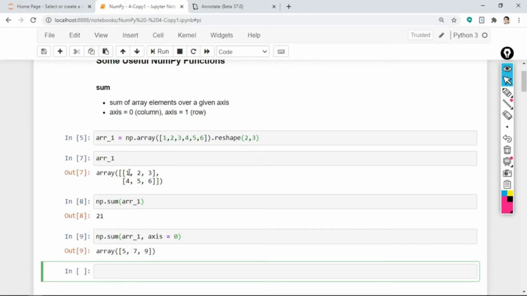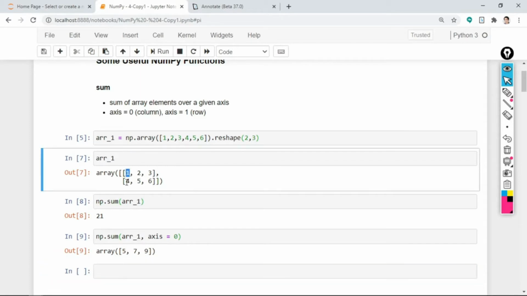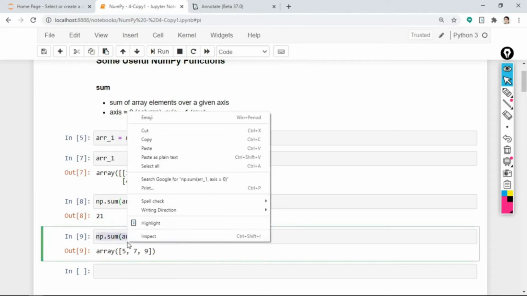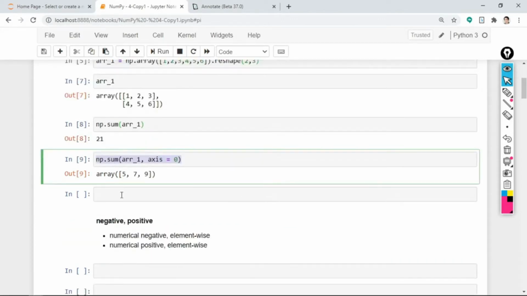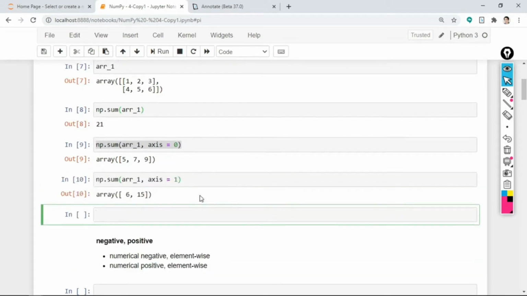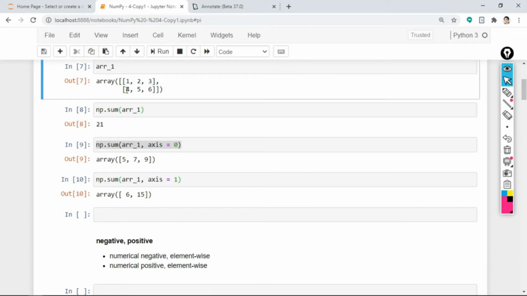We are adding in terms of column. 4 plus 1 is 5, 2 plus 5 is 7, 3 plus 6 is 9. If we copy paste this one and change the axis to 1, it will yield a different result. In terms of row, this one is 6, and this one is 15.